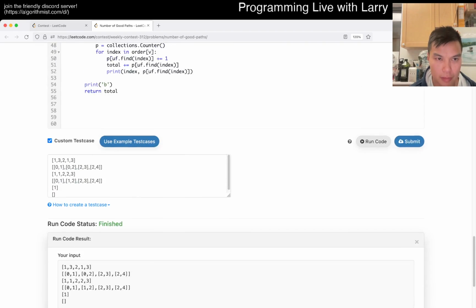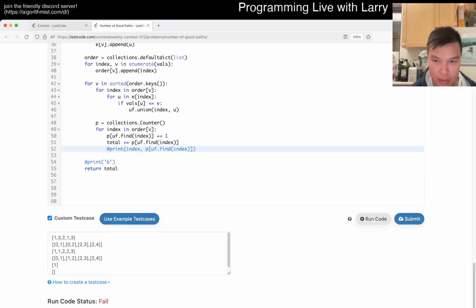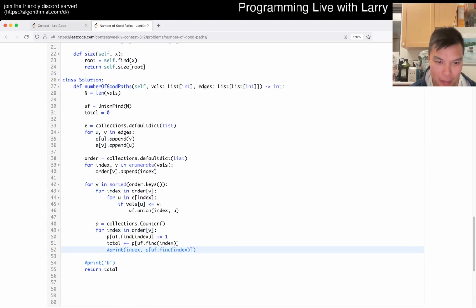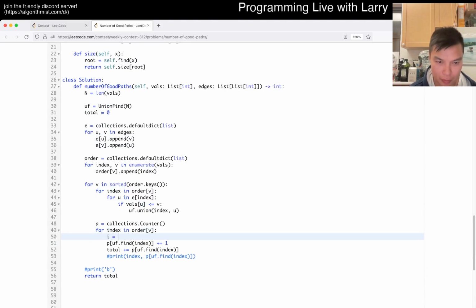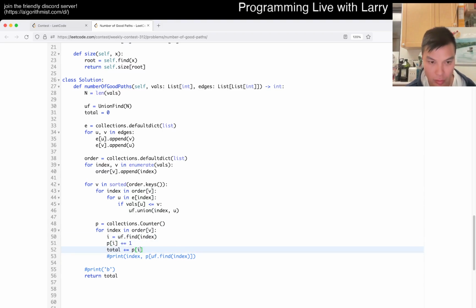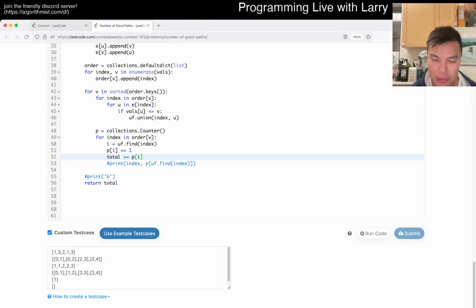Okay, well, I don't know if this is right, but it's giving me at least the right answer for the inputs, which is not bad. We do a micro optimization. Maybe I don't need it, but alright, YOLO, please.